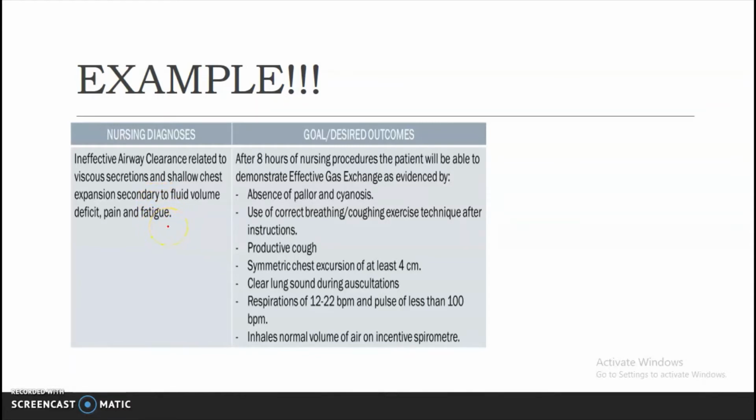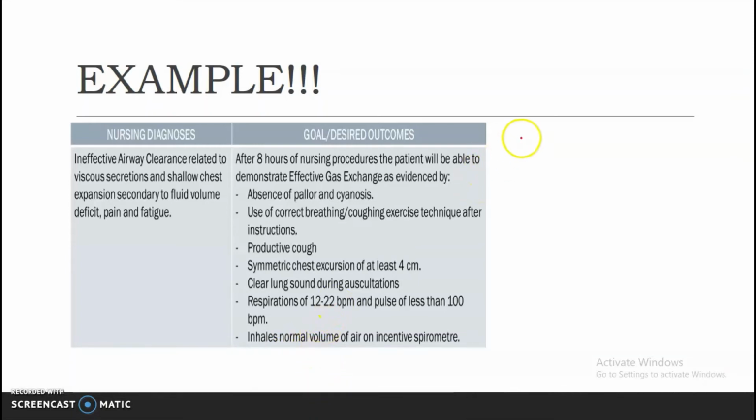Now the goals or desired outcomes that we have set is that after 8 hours of nursing procedures, the patient will be able to demonstrate effective gas exchange as evidenced by absence of pallor, use of correct breathing or coughing exercise, productive cough, symmetric chest excursion of at least 4 cm, clear lung sound during auscultation, respiration of 12 to 22 breaths per minute, pulse less than 100, and inhales normal volume of air on an incentive spirometry.